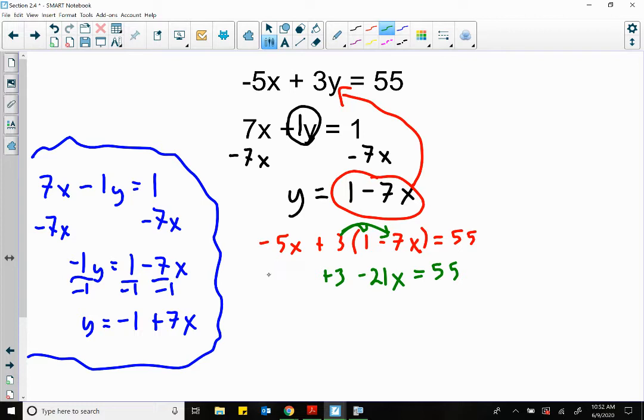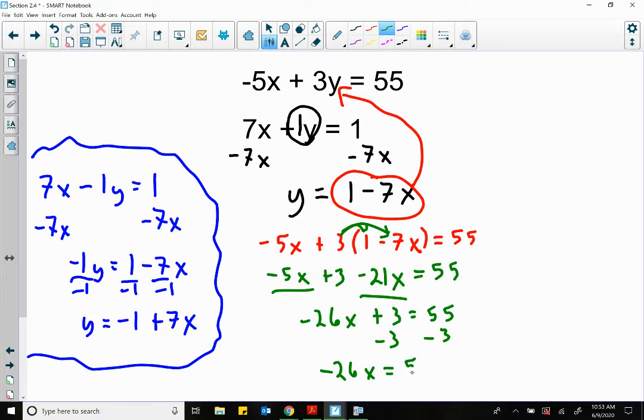And then we'll put the negative 5x in front. Combine like terms, negative 5x and negative 21x give us negative 26x plus 3 equal to 55.